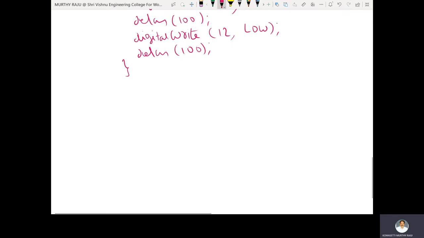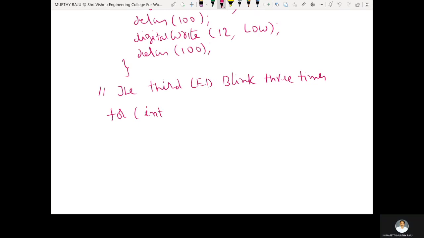Next step is the third LED blinking 3 times. Again, we use a for loop: for integer i is equal to 1, i less than 4, i plus plus, curly bracket open.